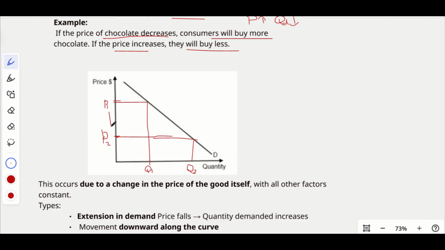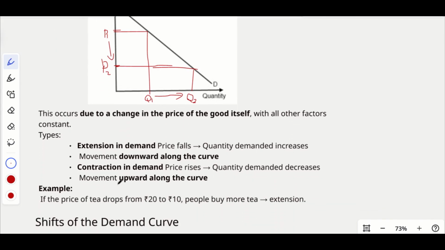So you can see that when the price has decreased, the quantity demanded increases. At the same time, if you increase the price from P2 to P1, the quantity will decrease from Q2 to Q1. This occurs due to a change in the price of the good itself.